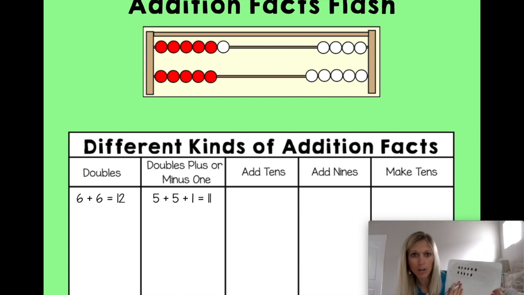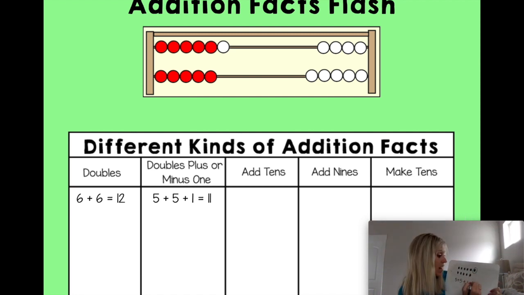Okay, just like our number rack that we see above, you could write this in 2 different ways. You could write 5 plus 5 plus 1, just like we did there, and it would be a plus 1.